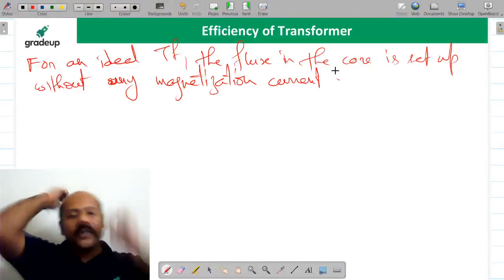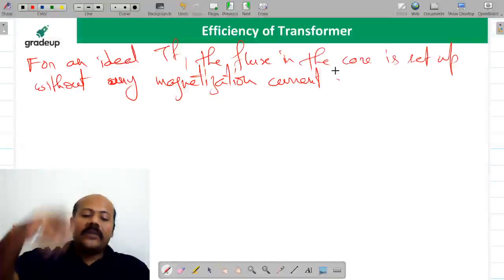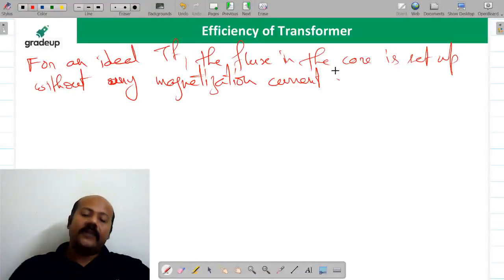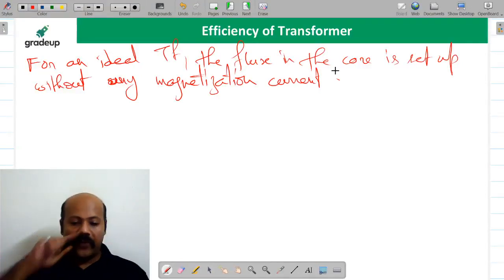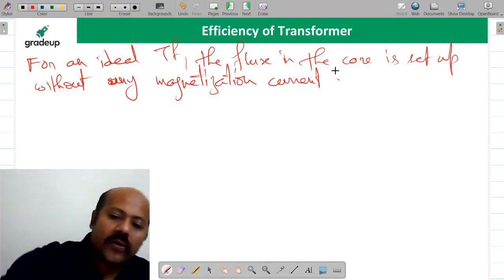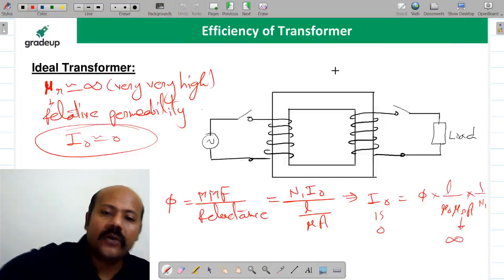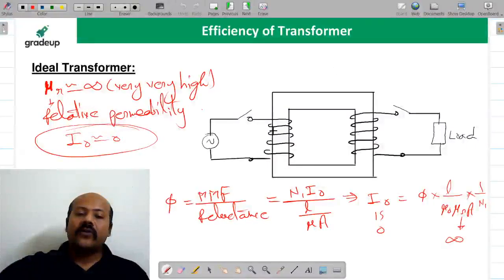No magnetization current is required to establish the flux in the core. This is the idea of an ideal transformer. I hope it is clear to all of you. And if it is so, please try to understand now.